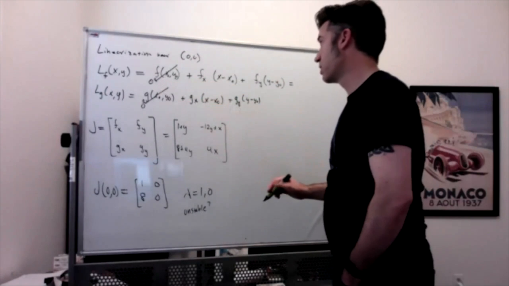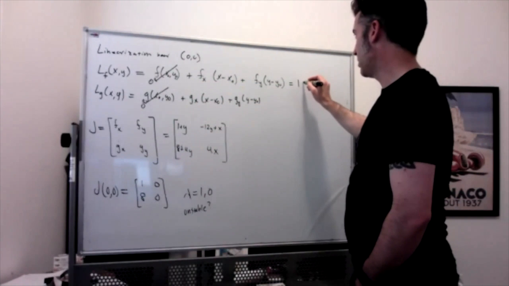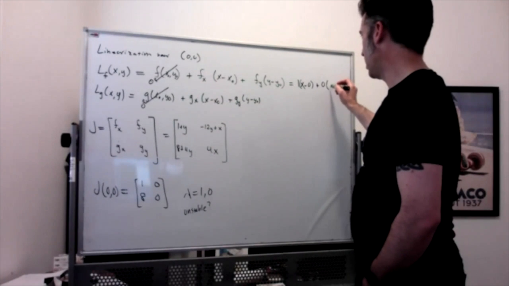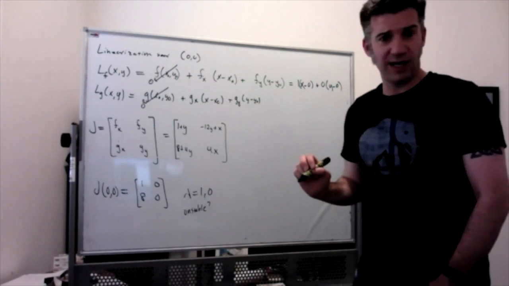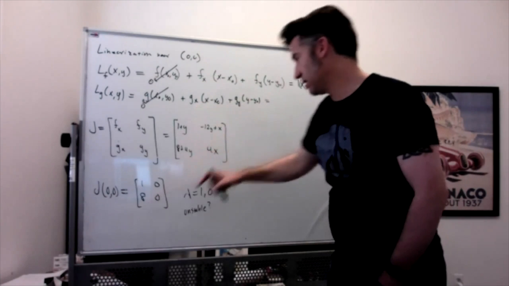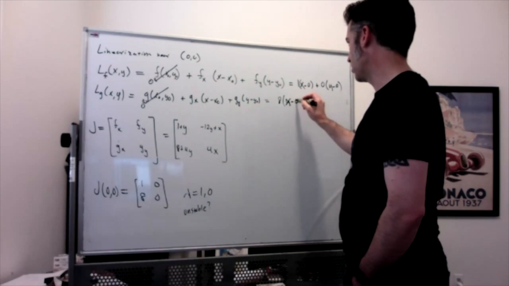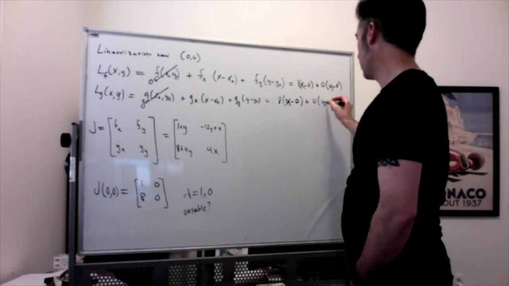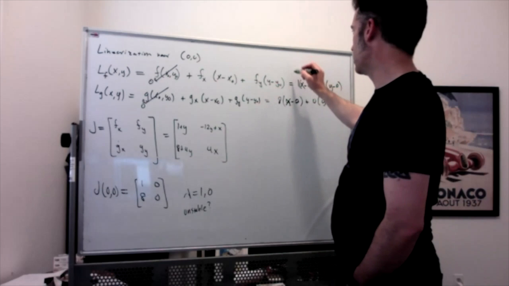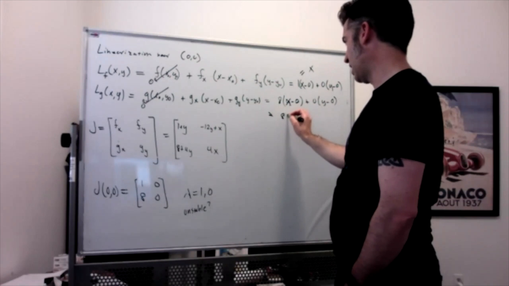Same thing for g. So then we're going to get fx, which is 1, times x minus 0 plus 0 times y minus 0. How not exciting. This one's going to be gx, which is 8, times x minus 0 plus 0 times y minus 0. So these are kind of weird linearizations, right? This linearization here is just x. This linearization here is just 8x.